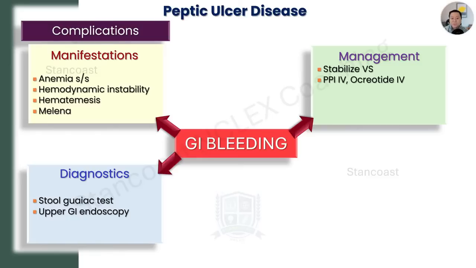We're going to use normal saline or possibly lactated Ringer's solution, and administer the PPI, such as pantoprazole IV, and also the octreotide, which promotes vasoconstriction, which will help control the bleeding.